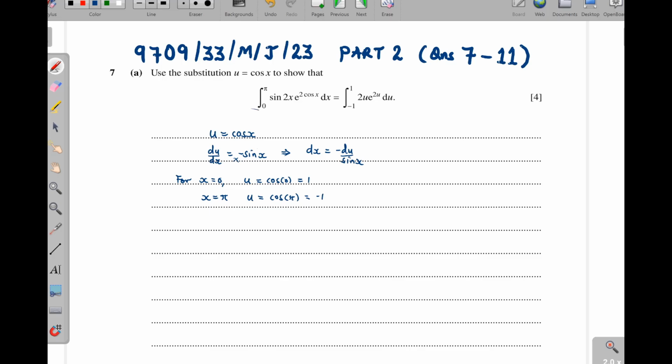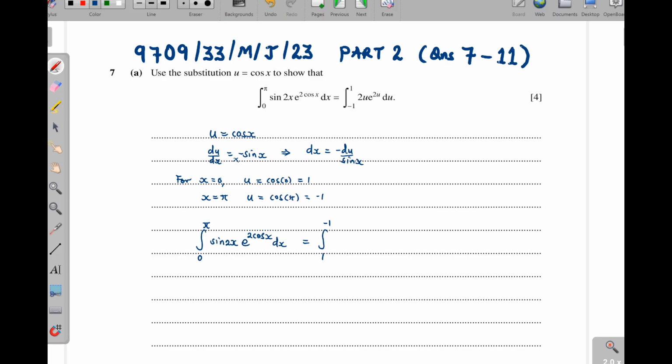Now, we come to this one here. We are having the integral from 0 to pi, then sine of 2x, then e to the power of 2 cos x with respect to x. Now this one is going to be the integral, 0 goes to a 1, and then pi goes to a negative 1.